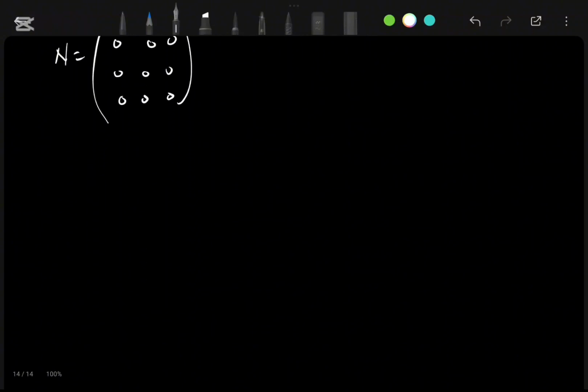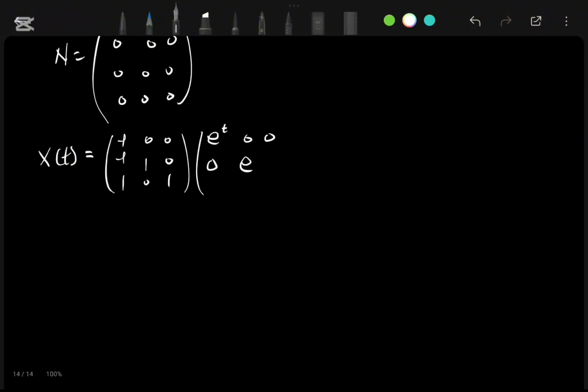So we have our solution x of t equal to P, minus 1, 1, 1, 0, 1, 0, 0, 0, 1. Our e of t, which is e raised to the power t, 0, 0, 0, e raised to the power 2t, 0, 0, 0, e raised to the power 2t.